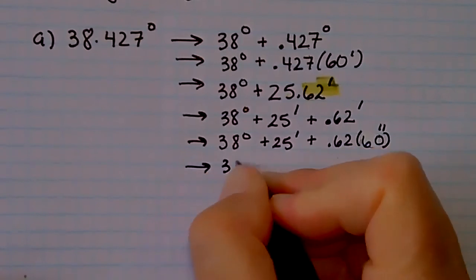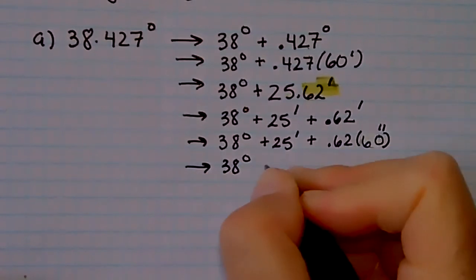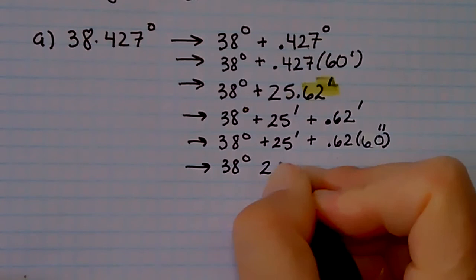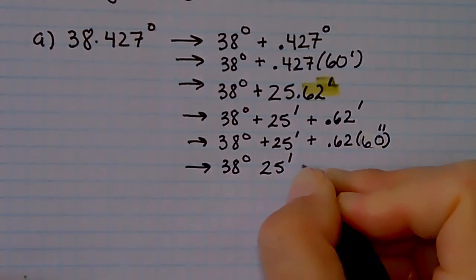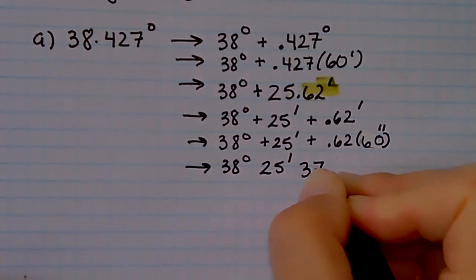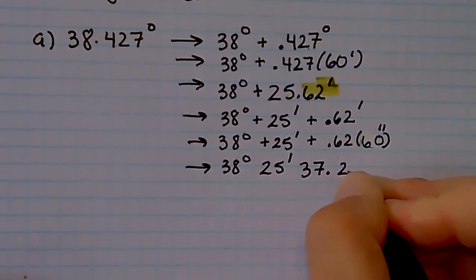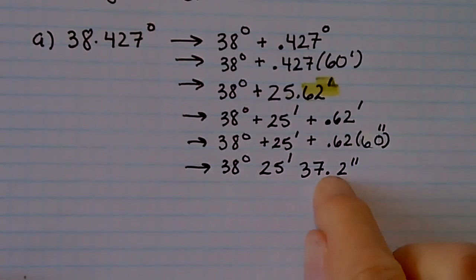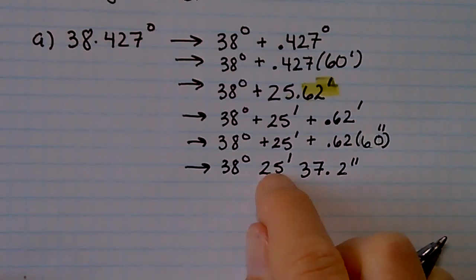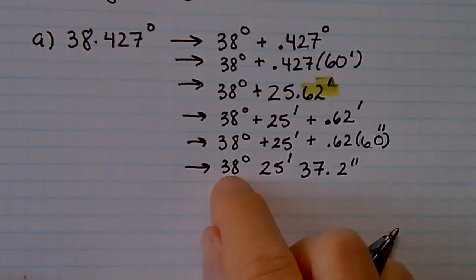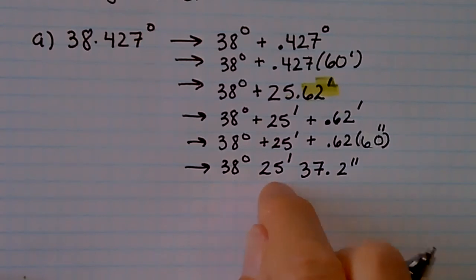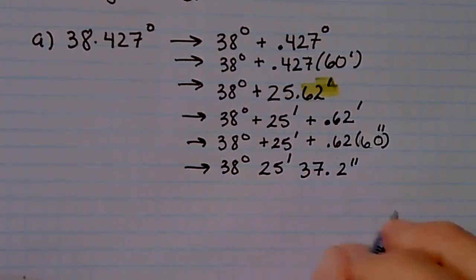So I'm going to get 38 degrees, 25 minutes, and this right here is going to be 37.2 seconds. Now, you can have seconds as a decimal. You cannot have minutes as a decimal, and you cannot have degrees as a decimal if you're putting it in degree, minute, second form. Okay, and then that would be our answer.